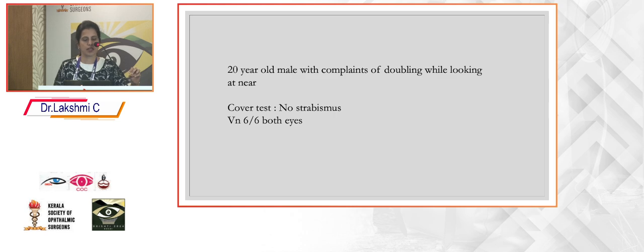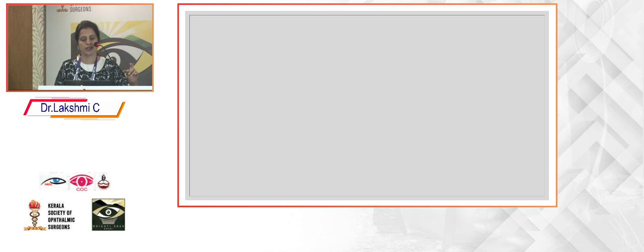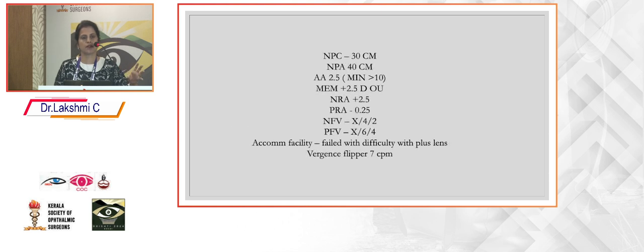So the last case is a 20-year-old male with complaints of doubling while looking at near. So we need to find out whether they are having any strabismus. We need to check in all 9 cases. The values were such, and if we see, the near point of accommodation was 40, accommodative amplitude was very less, and MEM was +2.5.